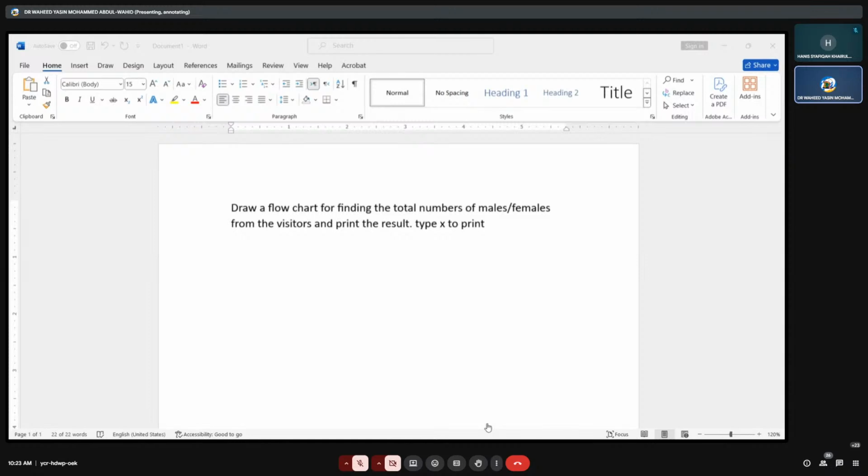So here, what we have to do: we have to have a loop, and we exit the loop using X. Am I right? So I can solve this one here.